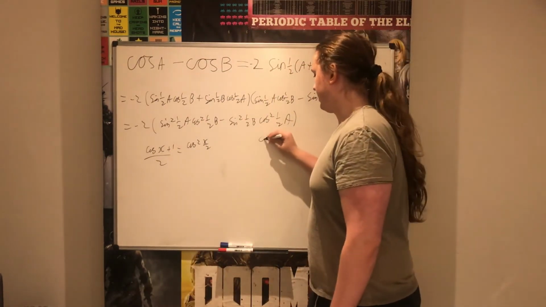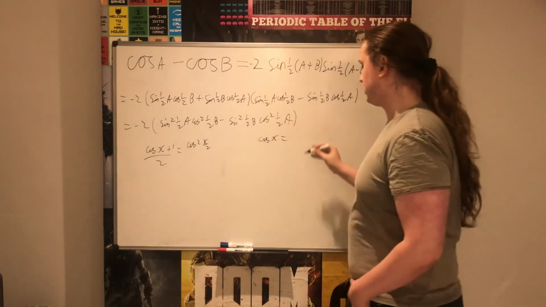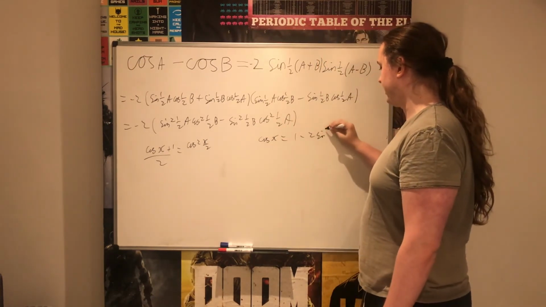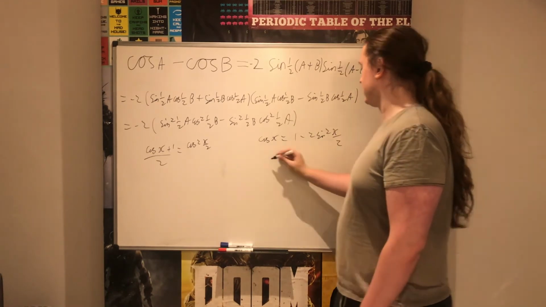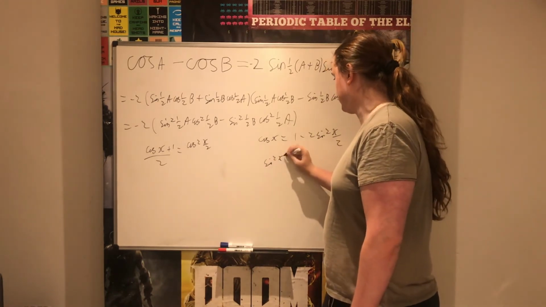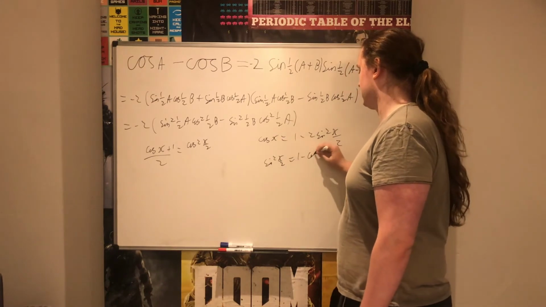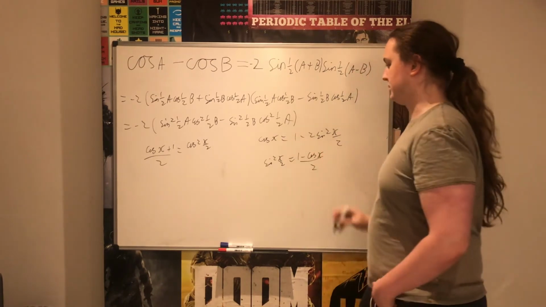And we also know that cos of x equals 1 minus 2 sine squared x over 2. Rearranging gives us sine squared x over 2 equals 1 minus cos x all over 2.